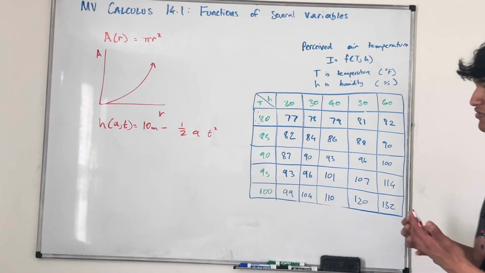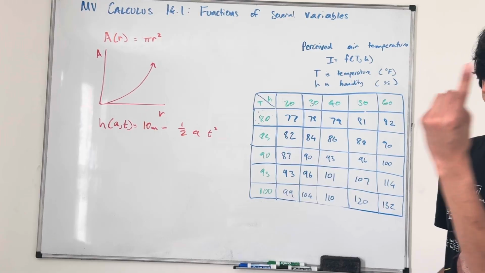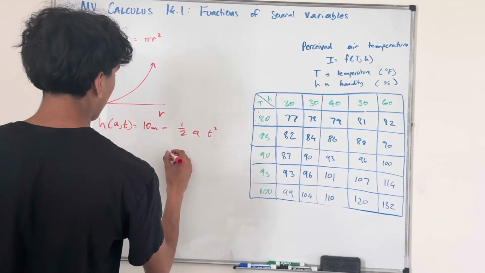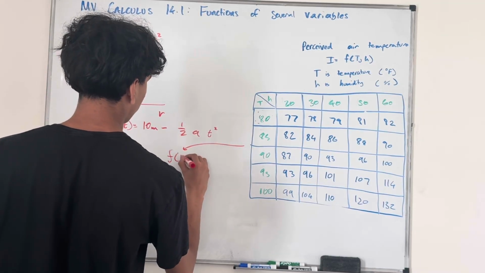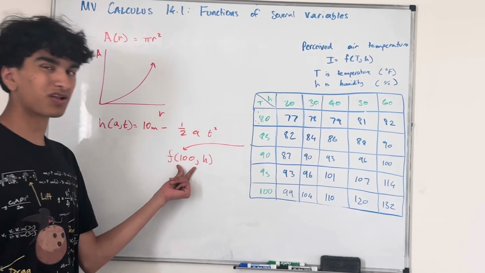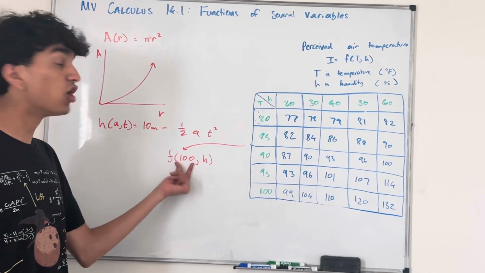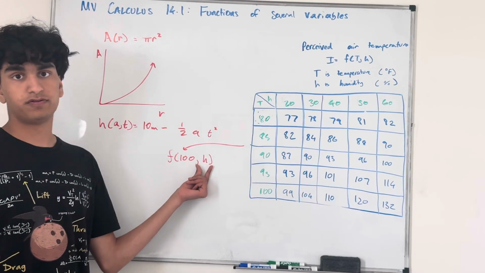And now you can kind of make this into a one variable function. I can say, for this example, think about f of 100, h. Now 100 is sort of like a constant, right? For this function right here, I know the temperature is going to be 100. I'm only worried about how the h variable changes, right?